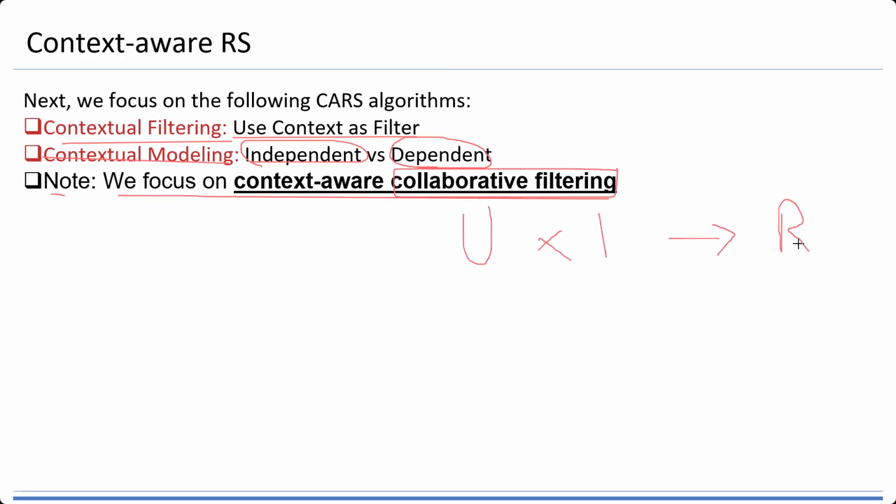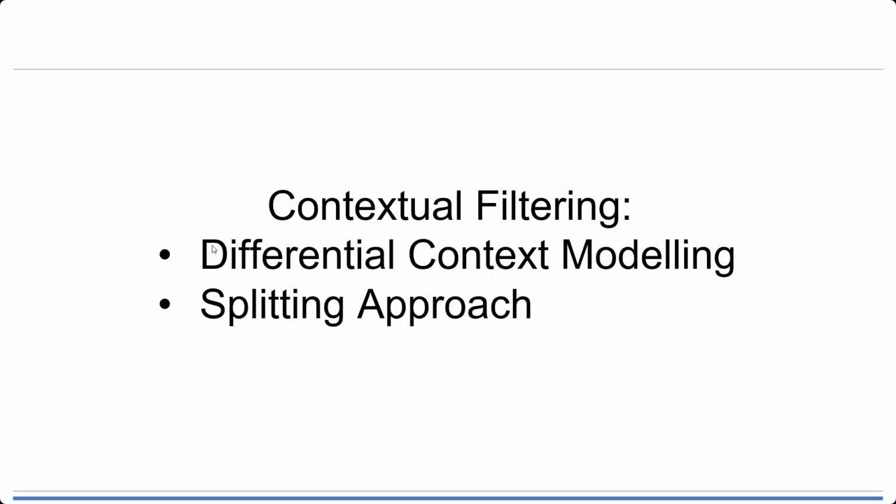For the content base, we just use the content. In this slide, I will just use the context-aware collaborative filtering. For the contextual filtering, there are two approaches: the differential context modeling and the splitting approach.